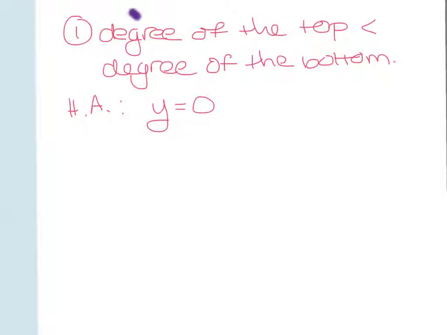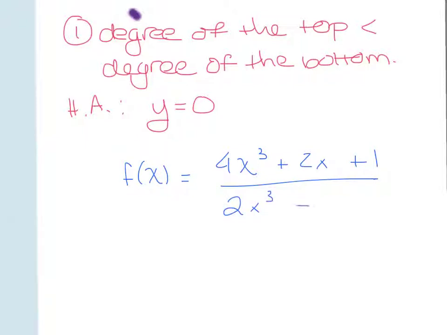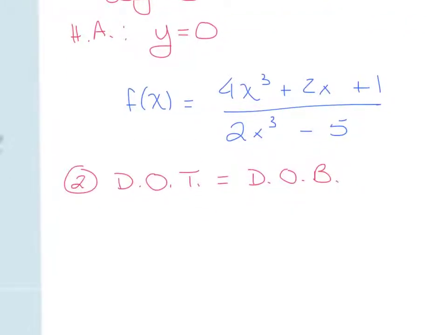Alright, now I'm going to make up another example. Let's say I have f of x equals 4x cubed plus 2x squared plus 1 over 2x cubed minus 5. Okay, what's the degree of the top? 3. What's the degree of the bottom? 3. If they are the same, at this point I'm just going to start abbreviating it. So if the degree of the top is equal to the degree of the bottom, what we do is take the leading coefficient of the top over the leading coefficient of the bottom.